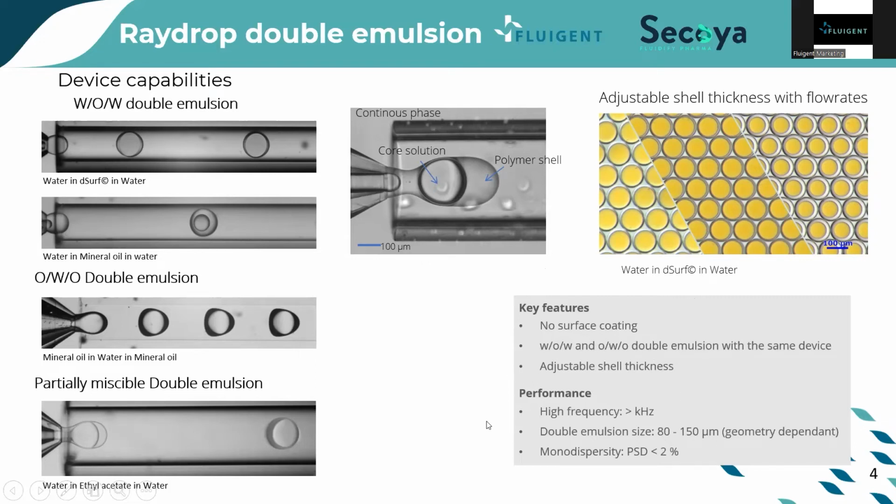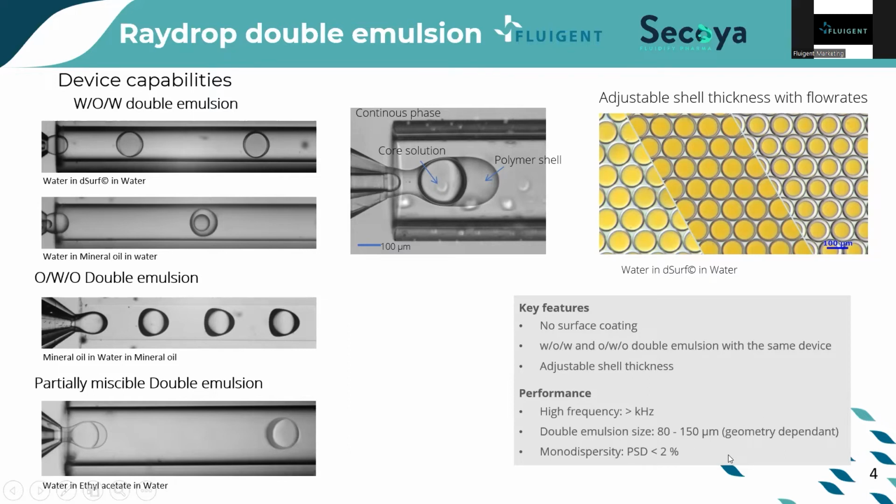In terms of performance, we are able to generate around kilohertz double emulsion. This is the frequency that we are able to generate with a RayDrop double emulsion, for example. In terms of size, we are able to generate from 80 to 150 micrometers with the standard RayDrop, with a standard size. In fact, it's totally geometry dependent.